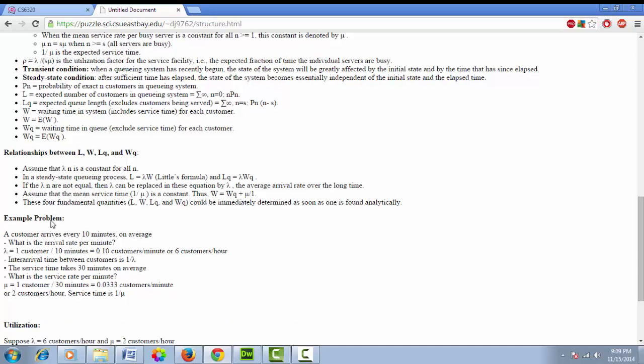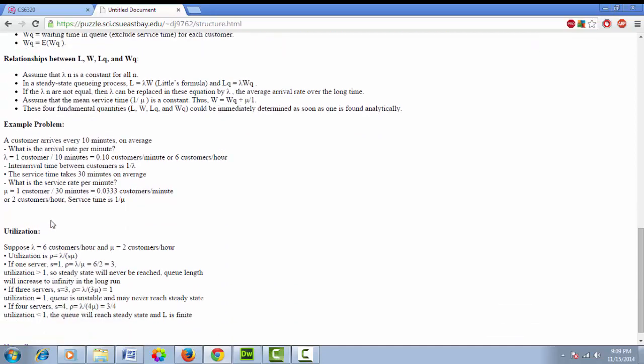Here is an example problem to find arrival rate per minute. Let's say lambda is equal to 1 customer per 10 minutes, then it is 0.10 customer per minute or 6 customers per hour. Inter-arrival time between customers is 1 by lambda.